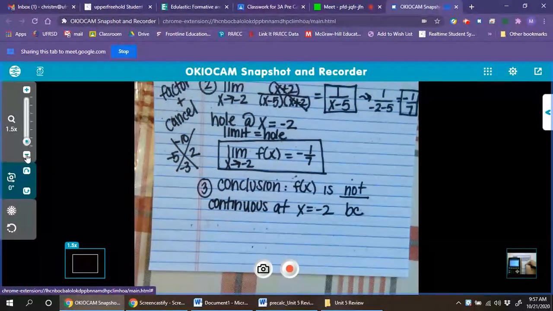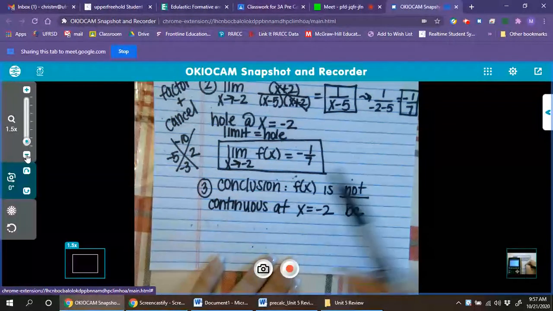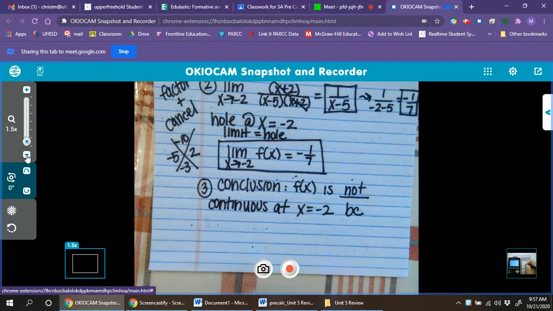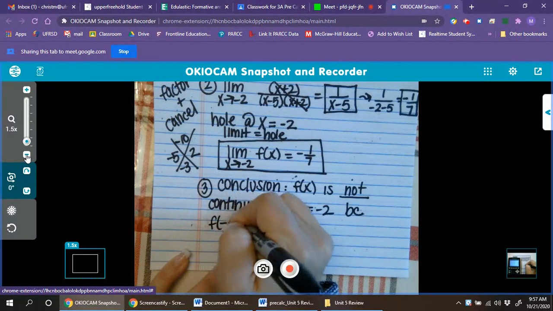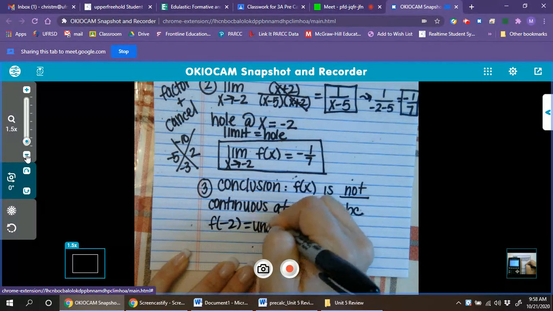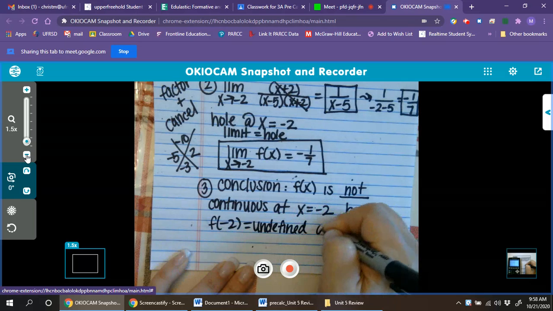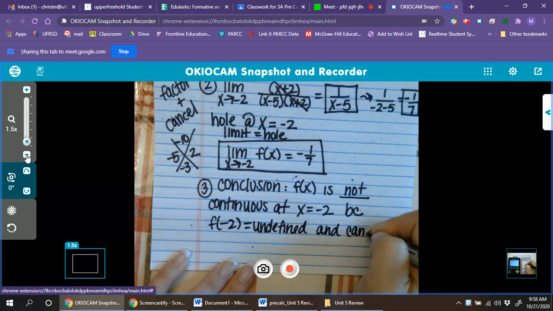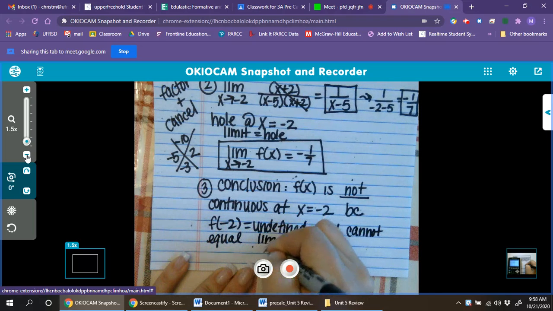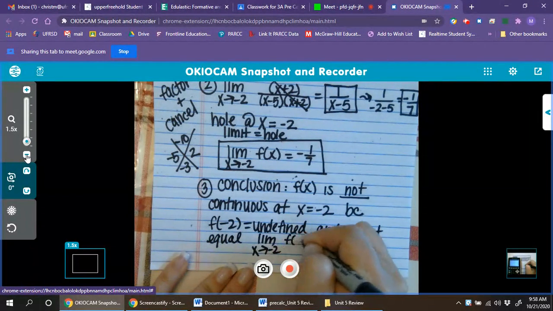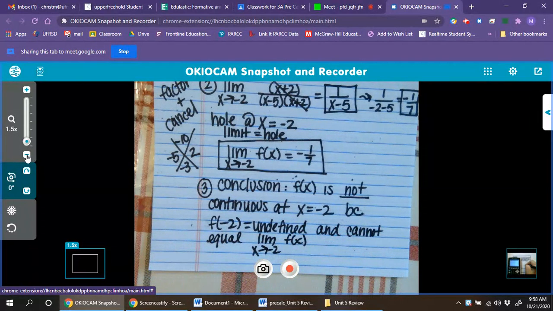Yeah, because of the function, because what about the hole, Dante says. So it's not continuous because f of -2 is undefined and cannot be equal to the limit, which actually had a value because there's a hole there.